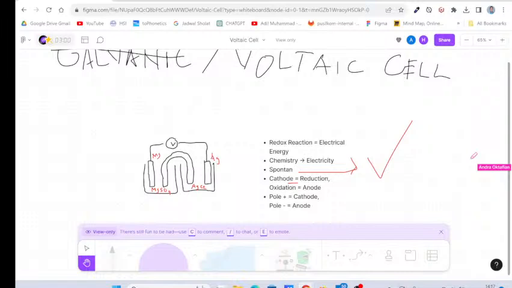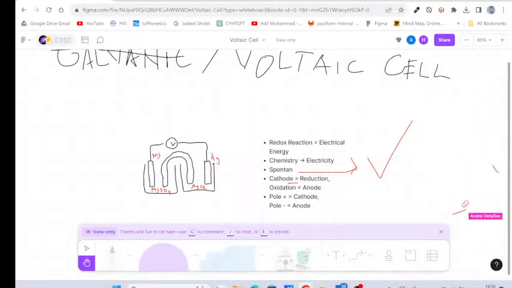What about the oxidation number in the reduction condition? When it comes to reduction, the oxidation number decreases, right? But in oxidation, the oxidation number is increased and electrons are decreased. It is the complement of it.